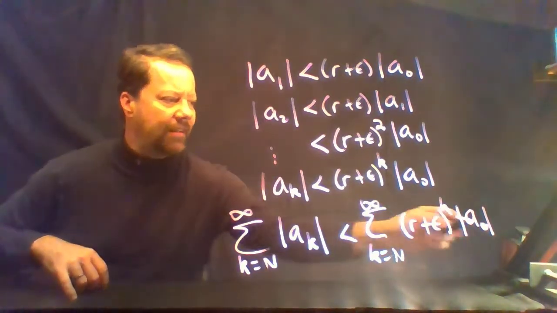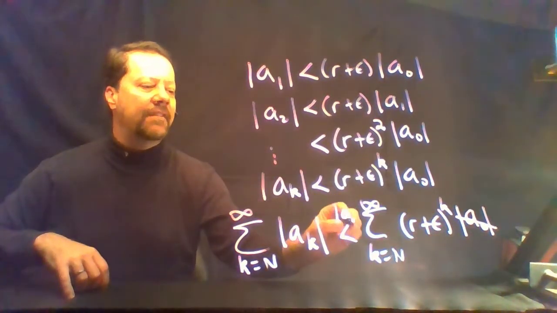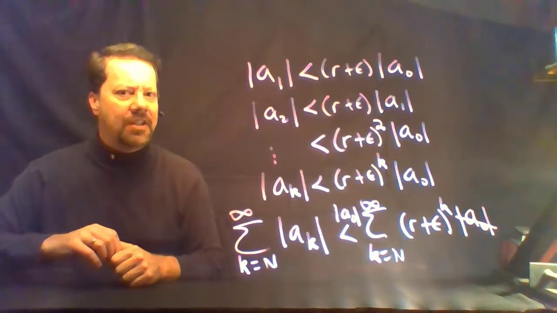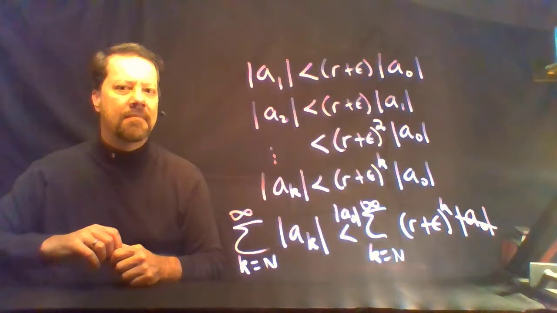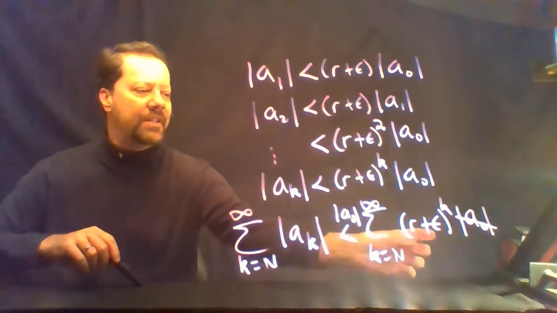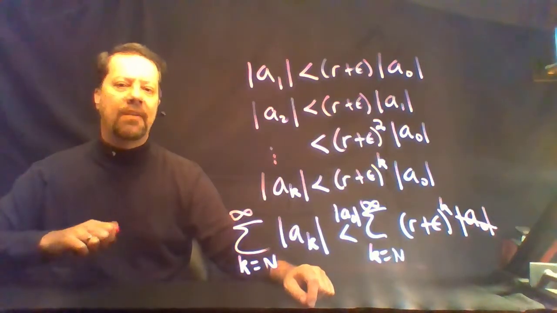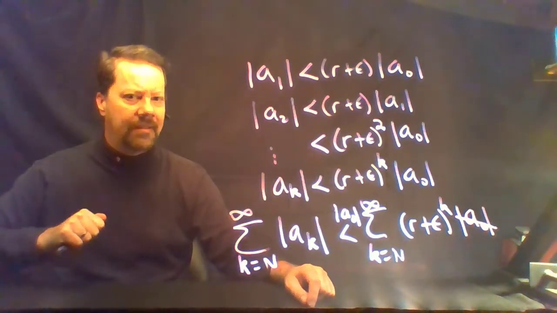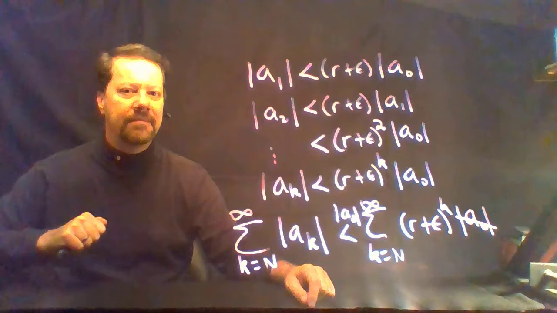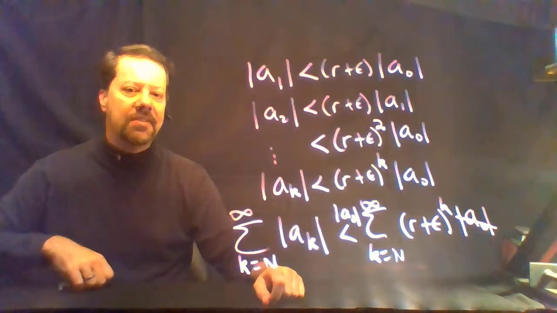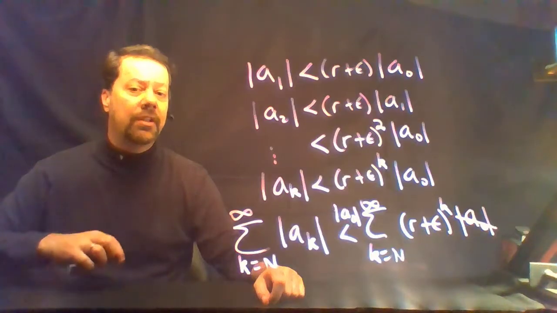The absolute value of a naught can be factored out of this sum, and we're left with a geometric series. This geometric series has a common ratio of r plus epsilon, and we've seen that r plus epsilon is less than 1. It follows then that this geometric series converges.